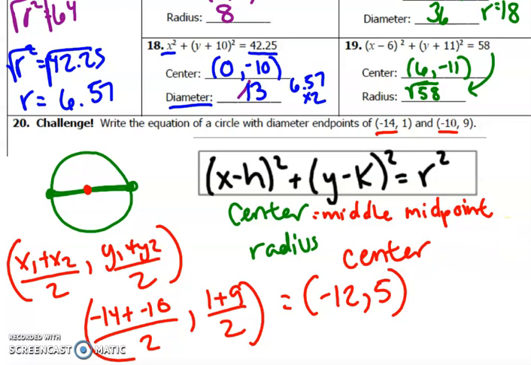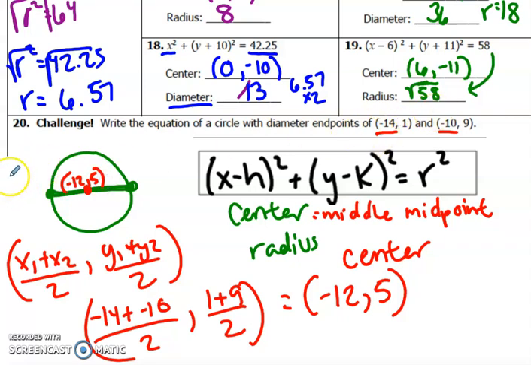All right, now I need to find the radius. So how can we find the radius? Let me label this picture up. So I know the center is at negative 12 and a 5.